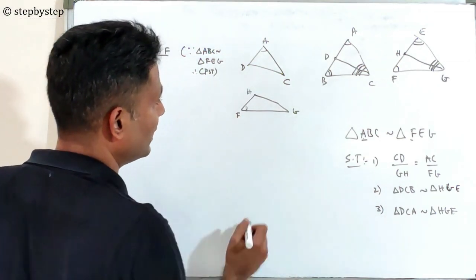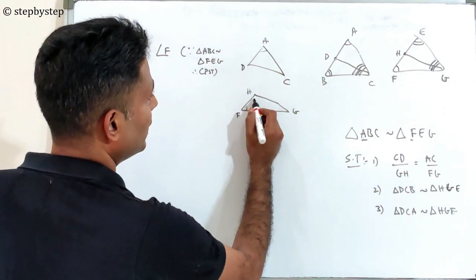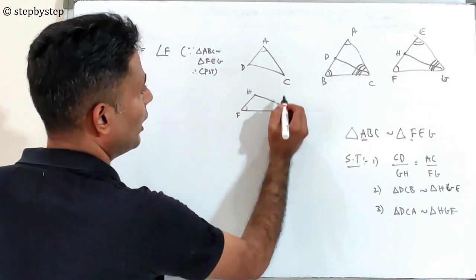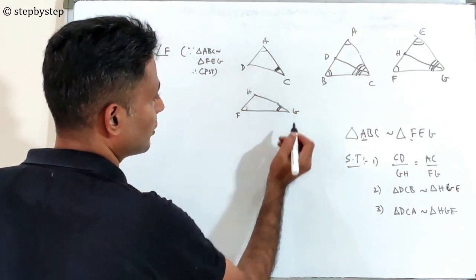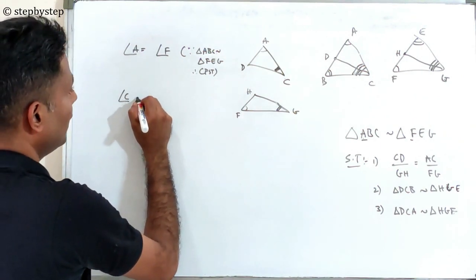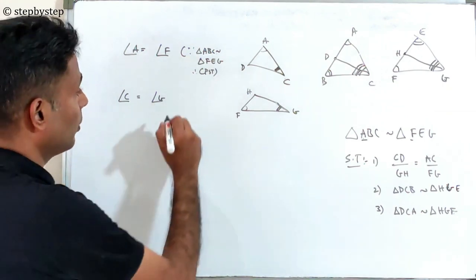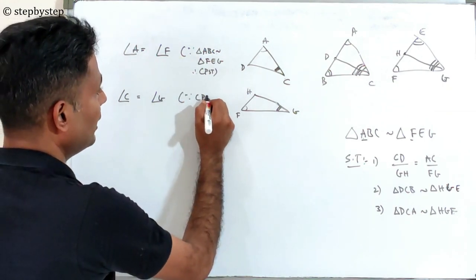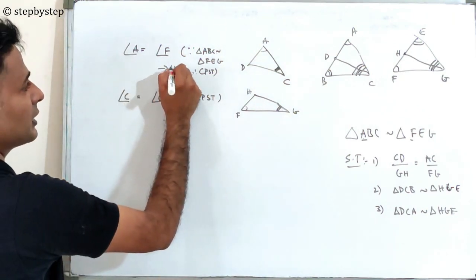Okay, you already got this. Now which other angle can you take? We will also get this equal to this. Why? See here, we have the whole angle C equal to angle G, right? Because of CPST. Let this be our first one.